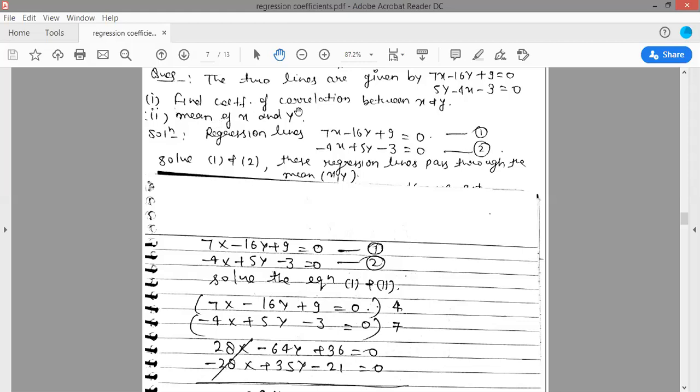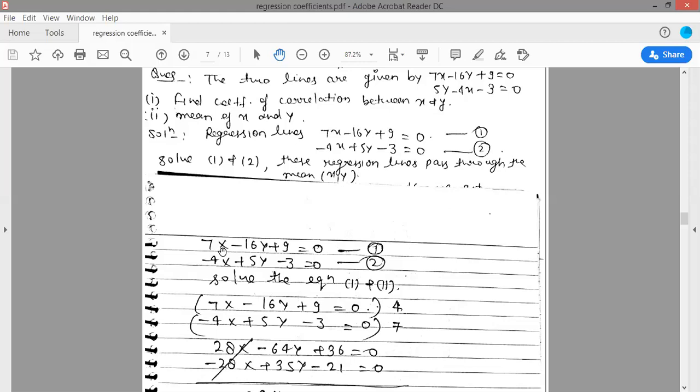We need to calculate the coefficient of correlation, which I have discussed in your previous video lectures. The regression lines are given, so you need to calculate the x and y values from these regression lines by solving 1 and 2. These regression lines pass through the means of x and y, so the values of x and y will be the means.